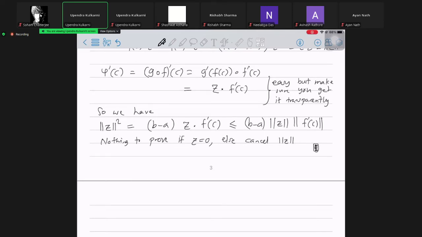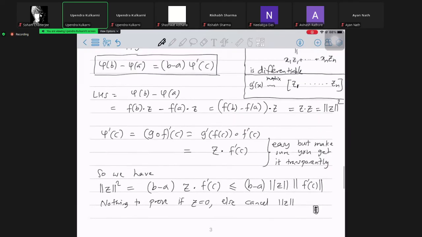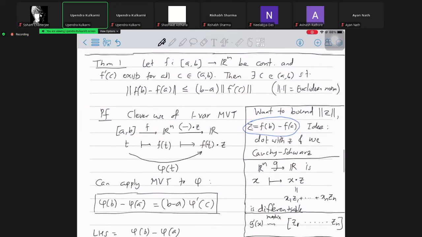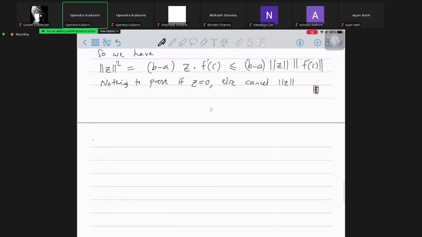All right, so we're now going to bootstrap this into, so we call this theorem 1, right? So we have now a theorem 2, which is the following version. All right, so it's a multivariable version.